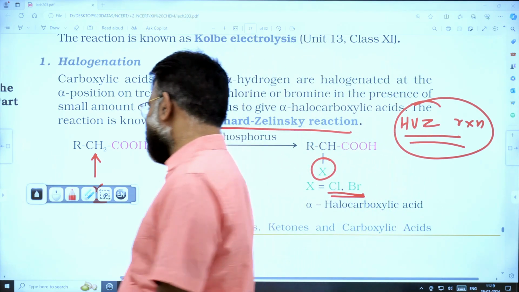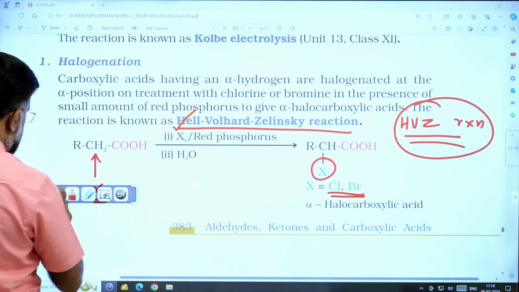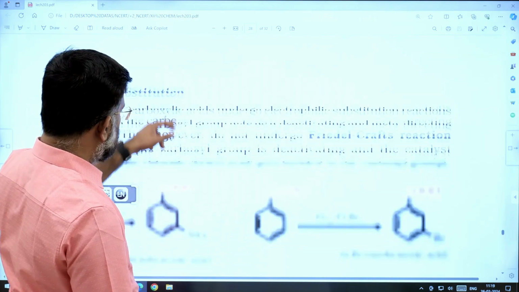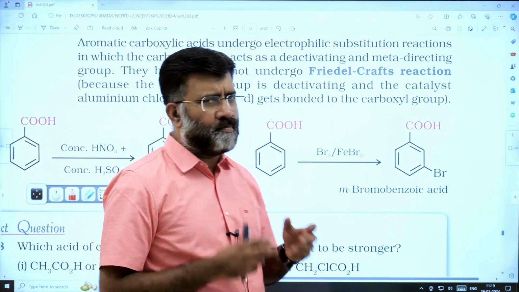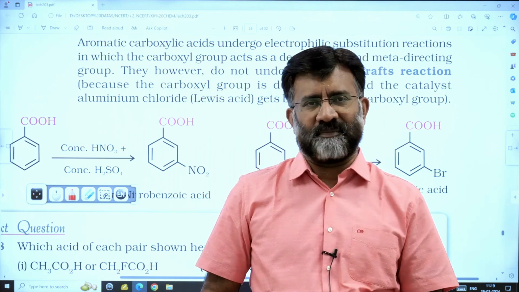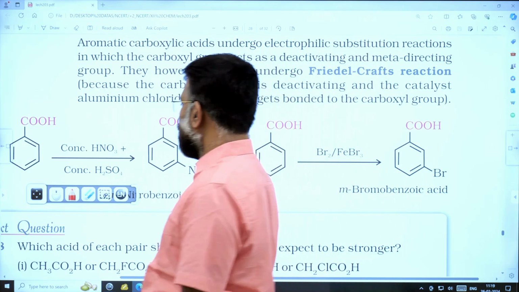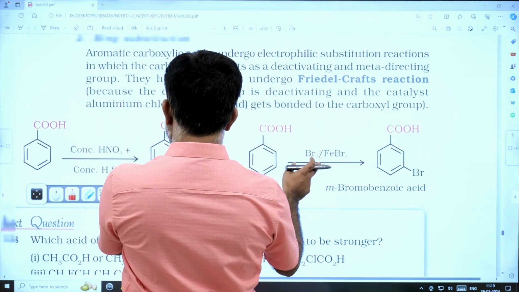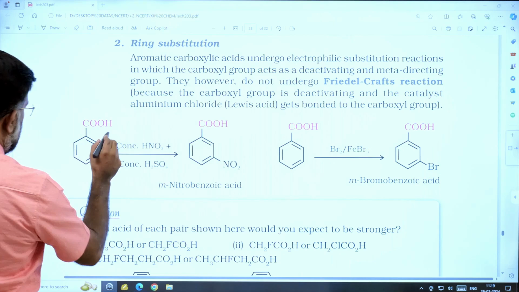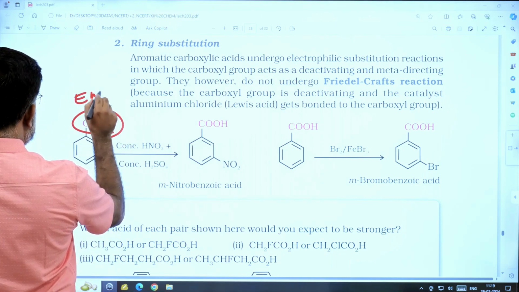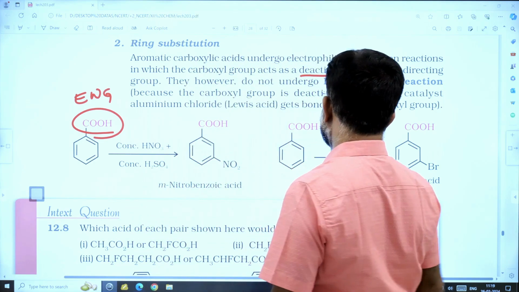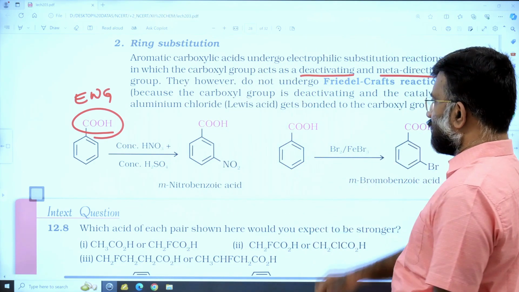Okay, fine. And the last reaction from the entire chapter, a big chapter in fact. In organic chemistry, this is one of the biggest chapters, I would say. The last one is the aromatic electrophilic substitution reaction. Once again, this group is an electron withdrawing group, a deactivating group, and is meta-directing in nature.